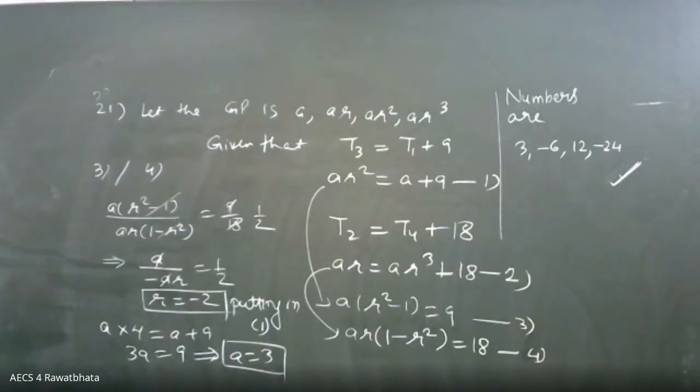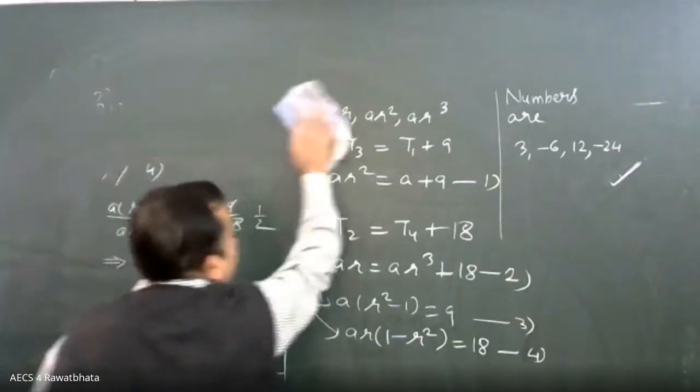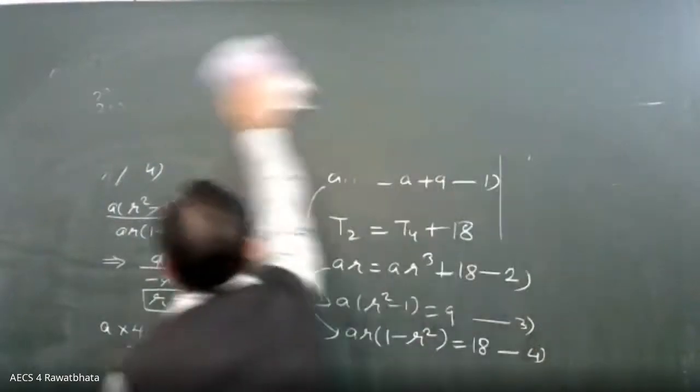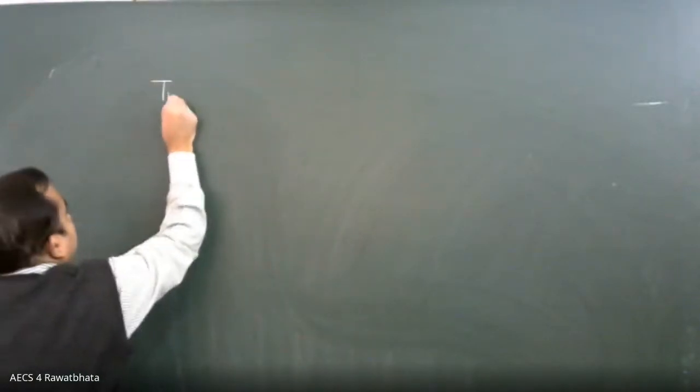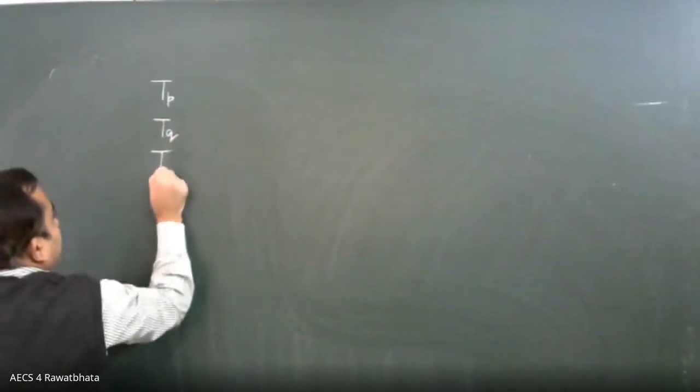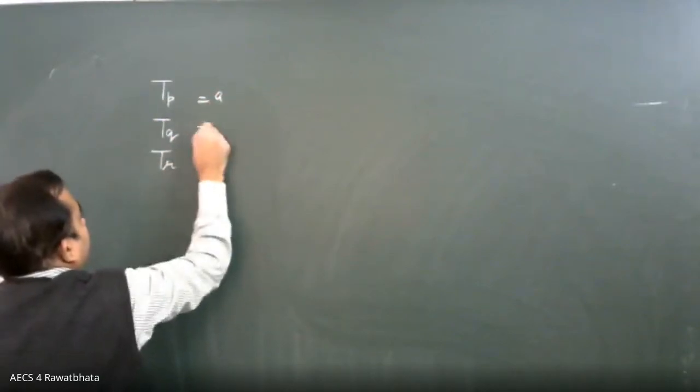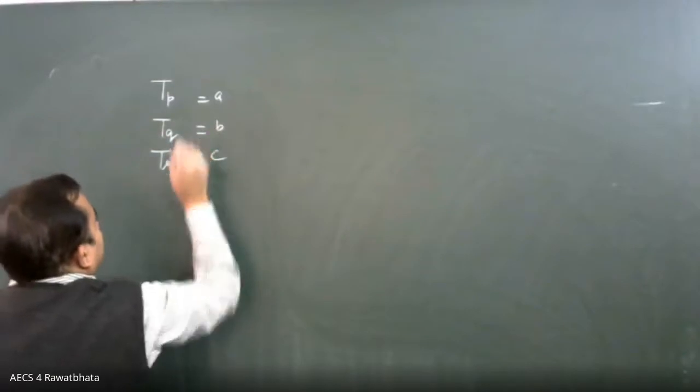Please. One minute. The pth, qth, and rth terms are a, b, c. Tp, Tq, Tr is a, b, and c. Okay.